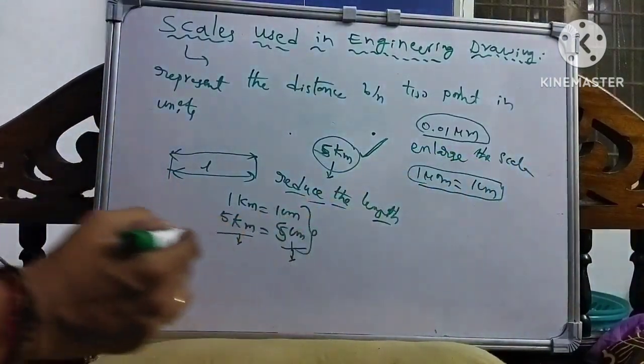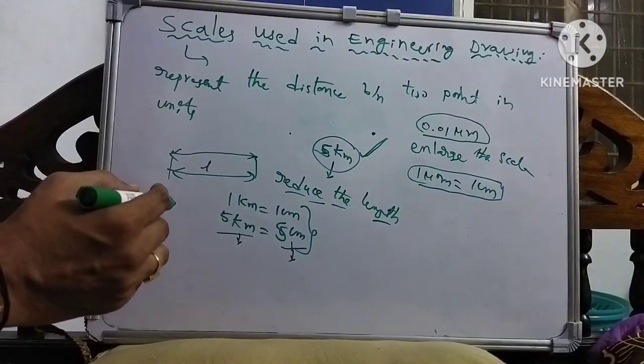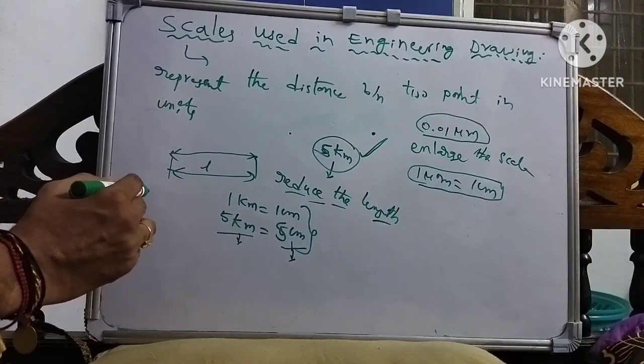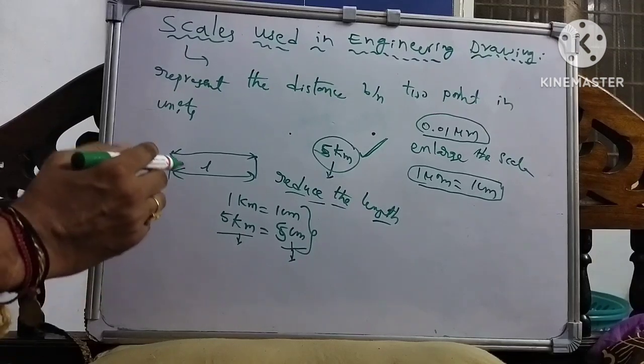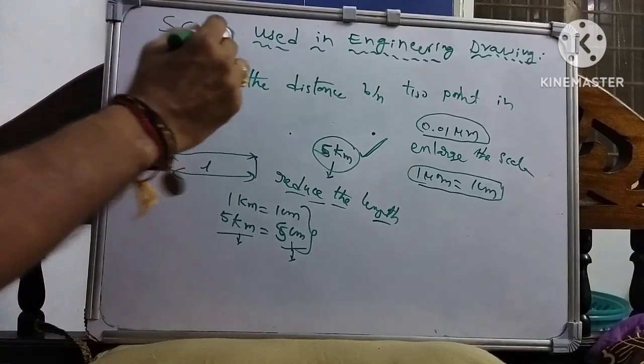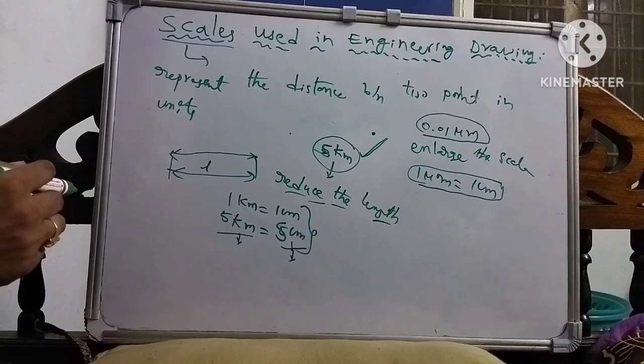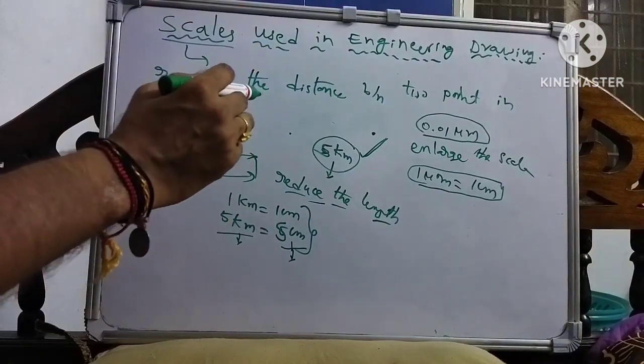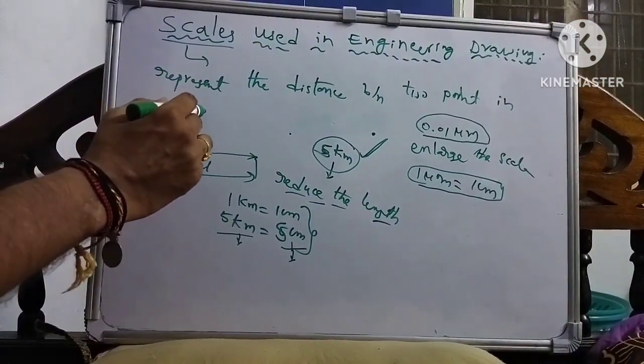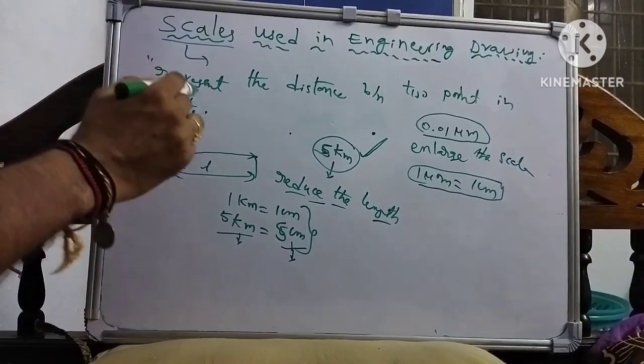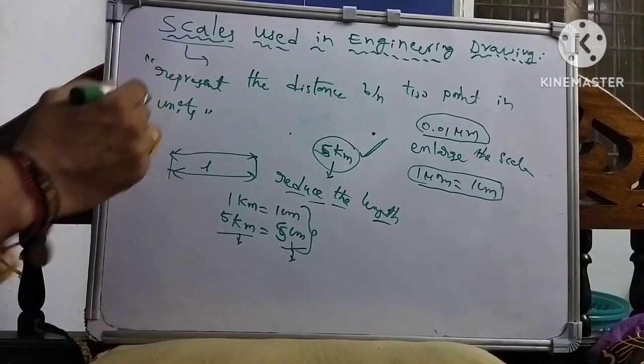Like that we use these scales to represent lengths in a convenient way. So that is the use of scales. The definition of scale is, it is used to represent the distance between 2 points in measurable units. That is the introduction and importance of scales.